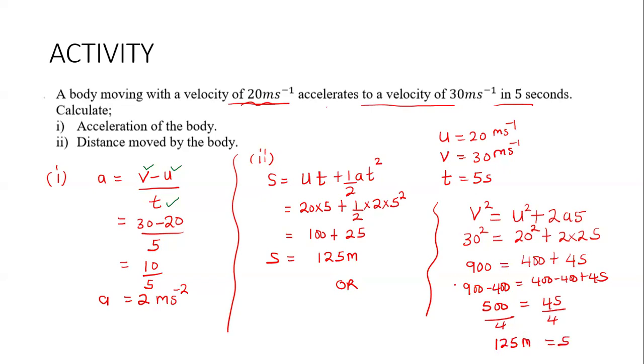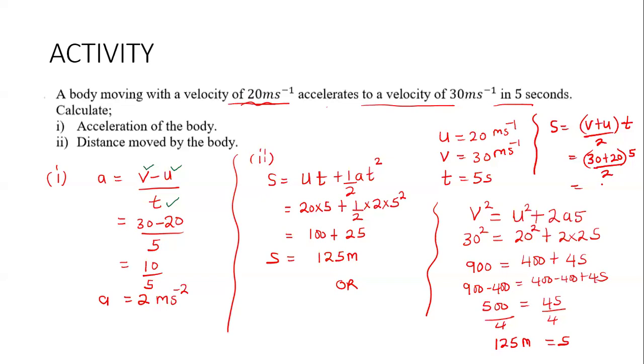So members, you can use any of these, or even there, I know there are people who want to use that S is equal to V plus U out of 2 times time as their displacement, whereby your V is going to be 30 plus 20 out of 2, then times our time, which was 5.